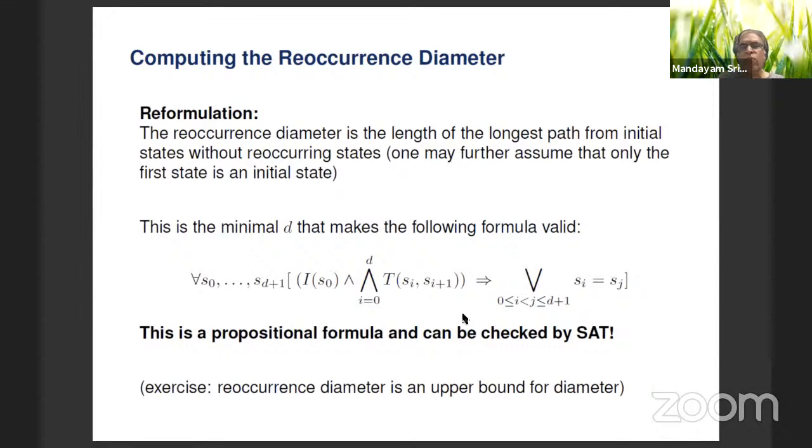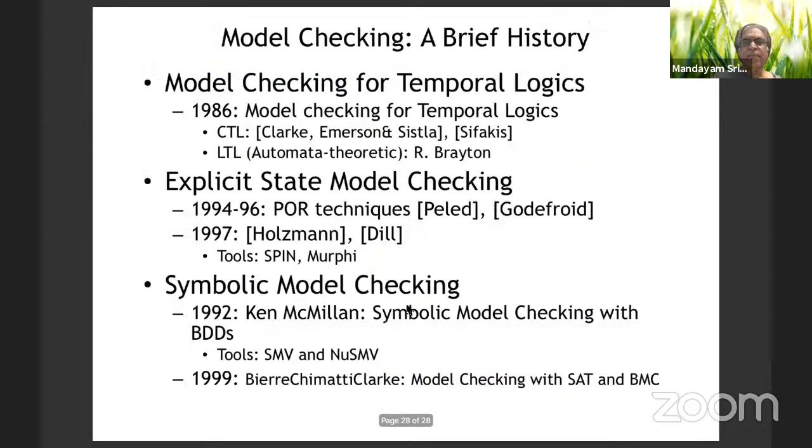The bound is computed once for your transition model, and then you can use that for multiple properties. Okay, so that is the idea. So the reoccurrence diameter is an approximate bound for safety properties, and it is actually a precise bound for liveness properties.